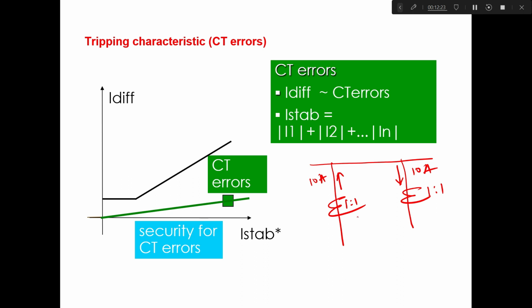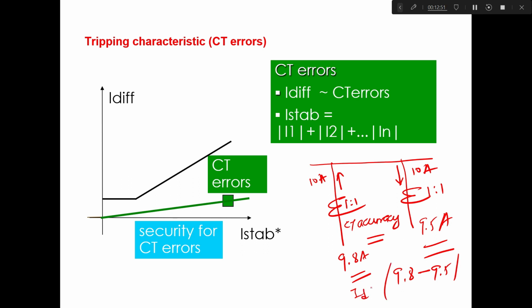But now suppose due to some reason this CT has some error. So due to this inaccuracy, this CT is measuring this current as only 9.8 ampere, while this CT also has some error, and this is measuring this current as 9.5 ampere. So now in this case your total differential current will be 9.8 ampere current incoming minus 9.5 ampere current outgoing.